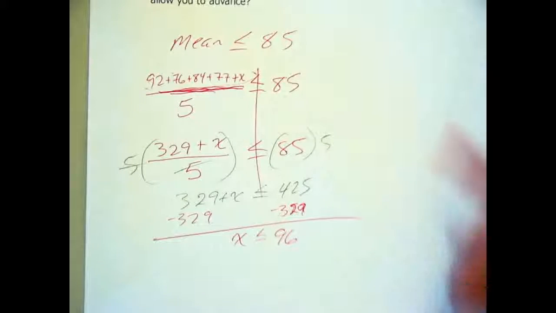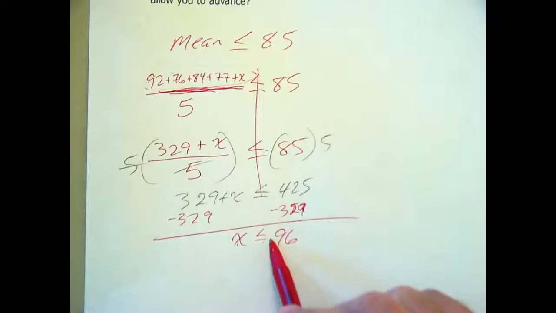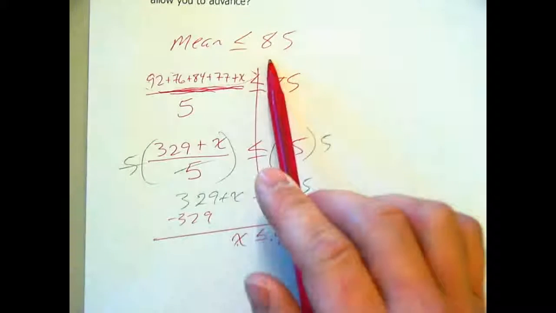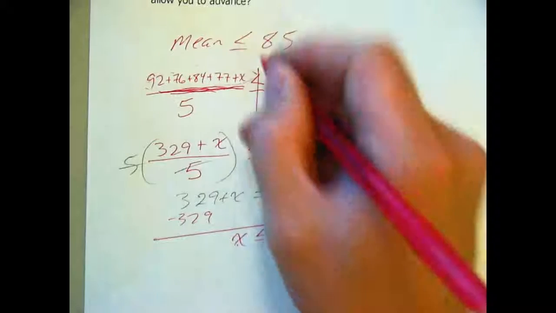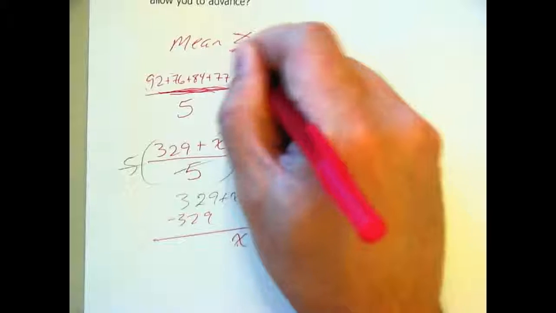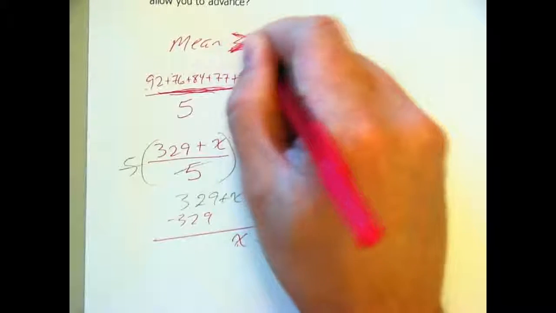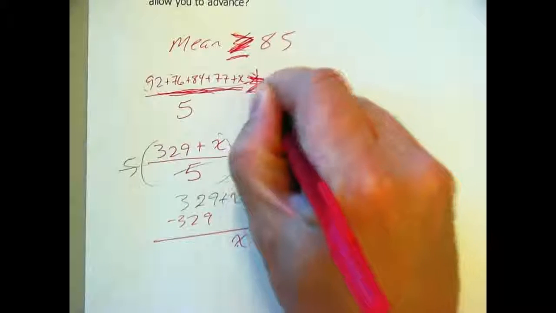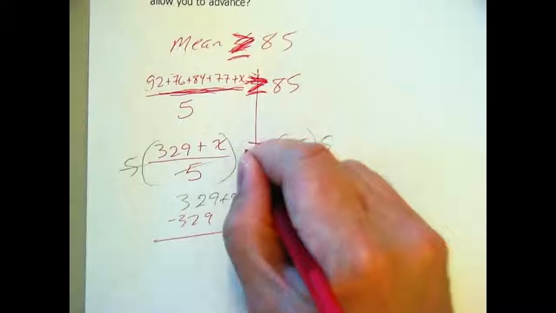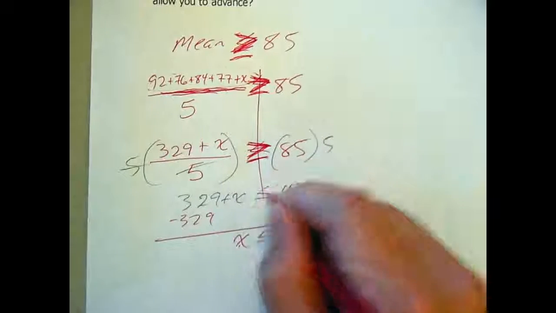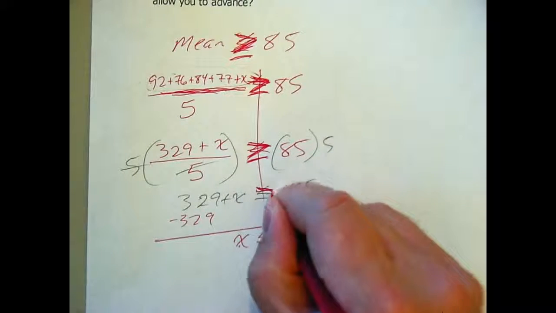X is less than 96, which means you could score nothing and still have that mean, which we know is not right. So this has to be greater than or equal to. Our sign was backwards. So at the end, always double check. Sometimes we make those mistakes, and that's why we double check. Read it like a sentence at the end, and make sure it makes sense. All right, any questions? Okay, very good.